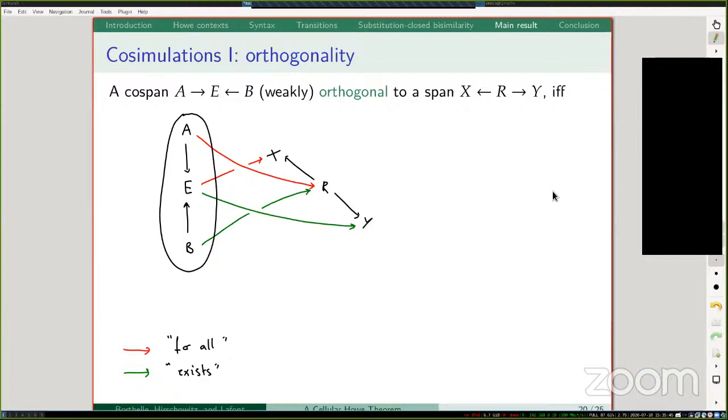So being a bisimulation is, well, you have to match the evaluation, and then you get to open terms. And by substitution clausedness, you need to be stable under any instantiation. Not sure if that answers your question. Yeah. So those two go together. Okay. Thanks.